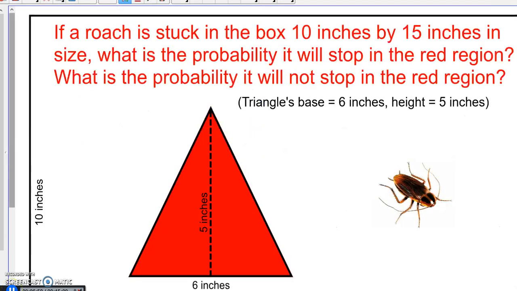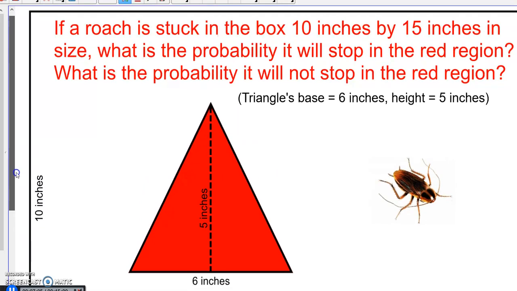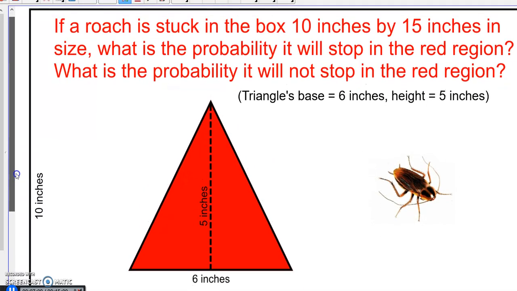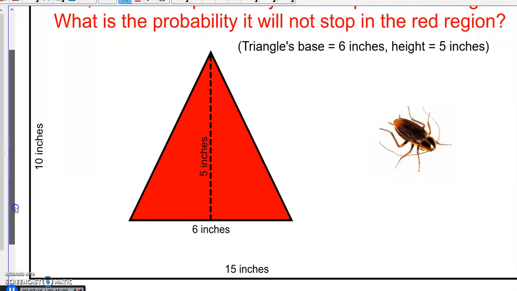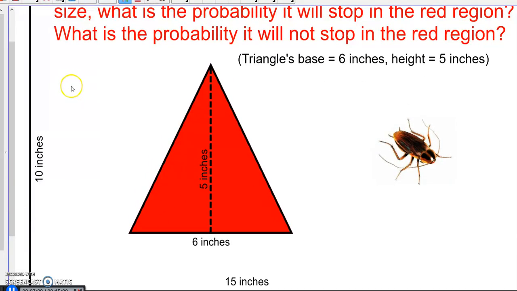Okay, this next problem says, if a roach is stuck in the box that's 10 by 15 inches, so in this whole box, what is the probability that if it stops, it will stop in the red region? And then it says, what is the probability that it will not stop in the red region? Okay, this is a geometric probability problem because your total possibilities isn't a finite number.